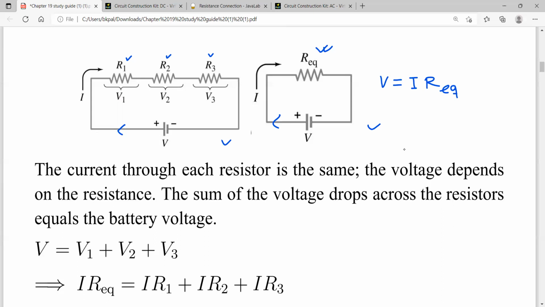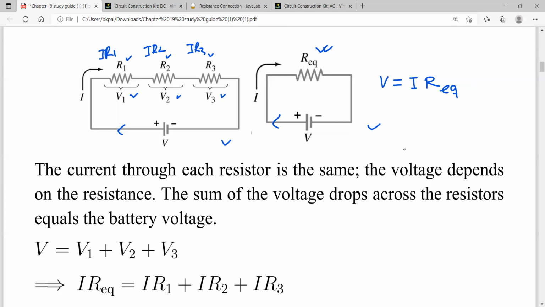Now you know that in R1 the potential drop will be IR1, the potential drop here will be IR2, and the potential drop here will be IR3. So you see that the potential drop in each resistance is different. Let me call them V1, V2, and V3.